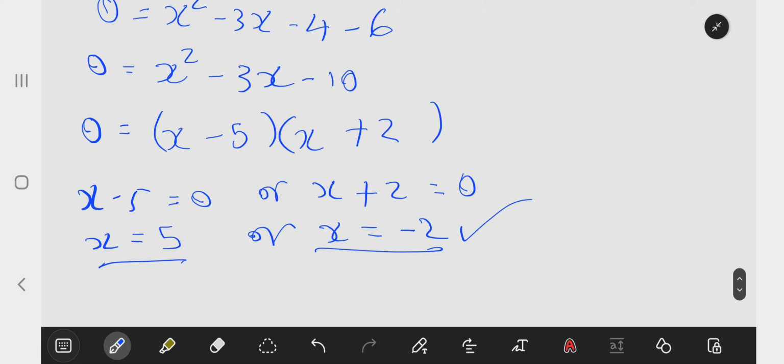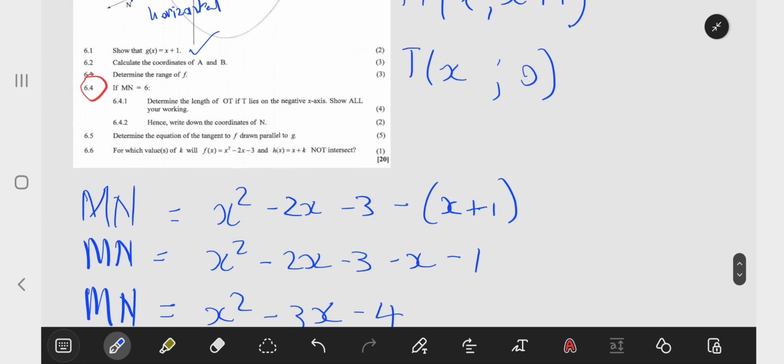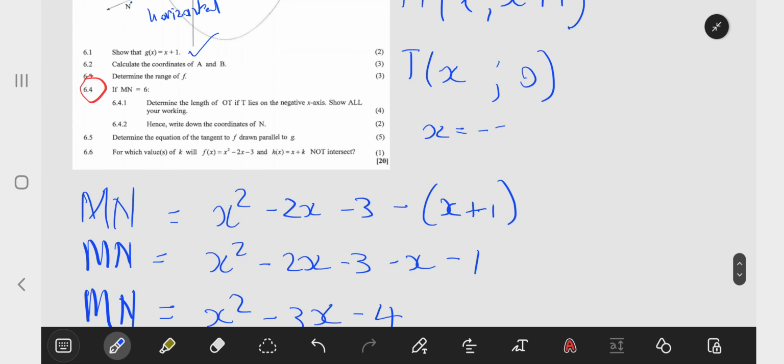Right? So we have found our x here, our x equals negative 2.